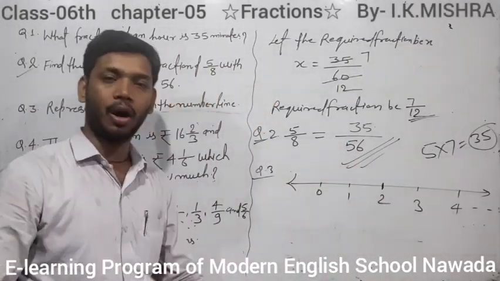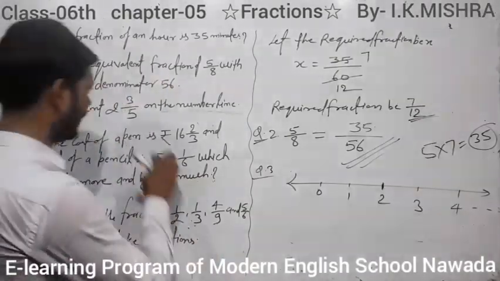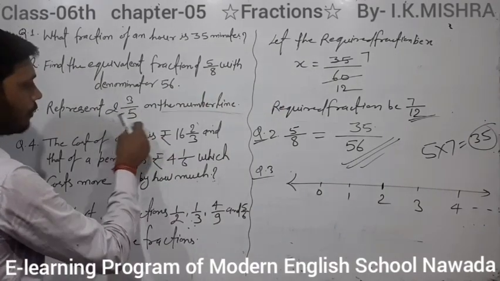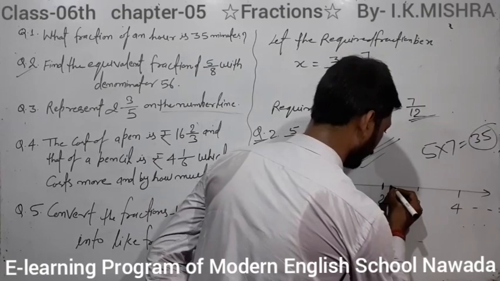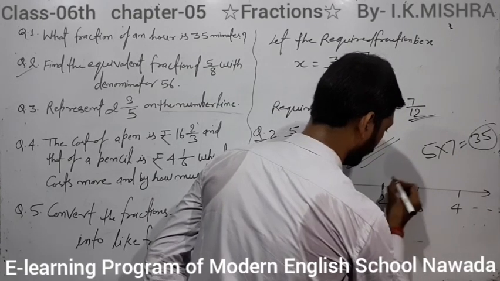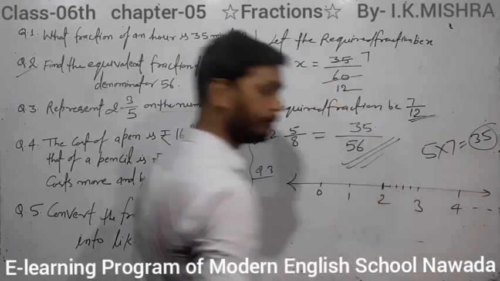And you know how to represent a proper fraction? Divide this part into 5 equal parts. Here the denominator is 5, so I divide it into 1 part, 2 part, 3 part, 4 part, 5 part.